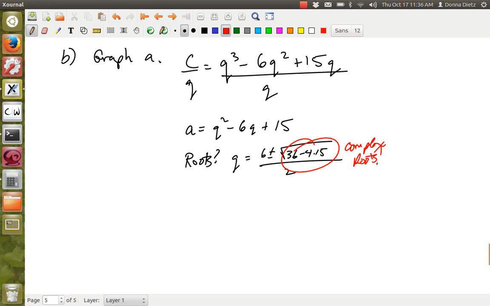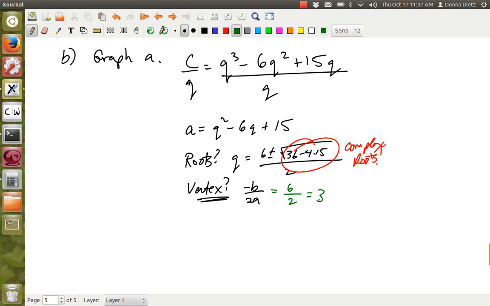So all we need to do is find the vertex, because if we can't find the roots, we may as well use the vertex. It's a parabola, it shouldn't be so hard to plot. Minus B over 2A is where the vertex is. We already actually calculated that right here, but let's pretend we didn't notice that. So minus B over 2A is equal to 3.